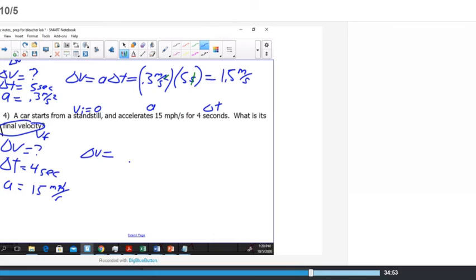Delta V equals A delta T, 15 miles per hour per second, times 4 seconds. Again, our seconds are going to cancel, so we're left with 60 miles per hour. Good, miles per hour, that's velocity.